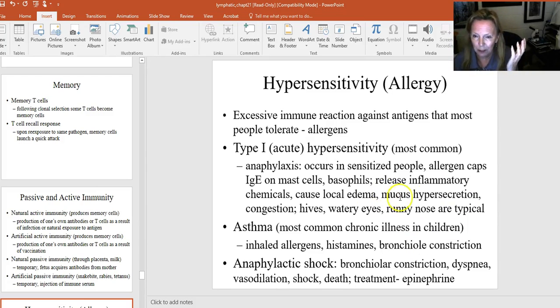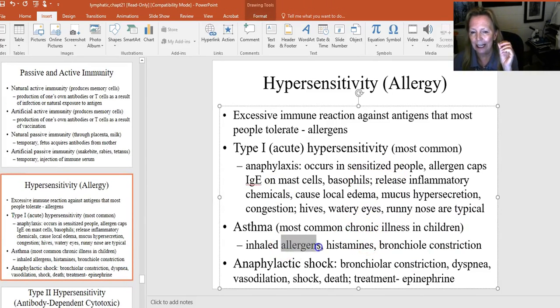But most of you know somebody with allergies, and when this is actually happening, this hypersensitivity, it is due to allergens. Allergens are really anything that can cause an allergic response. These allergens are actually foreign antigens.